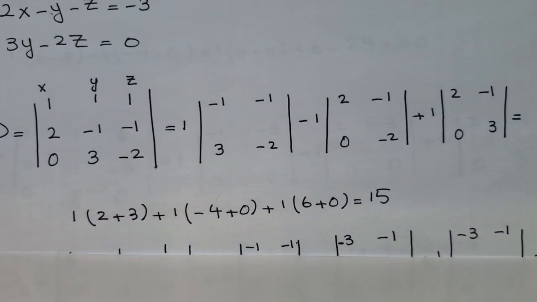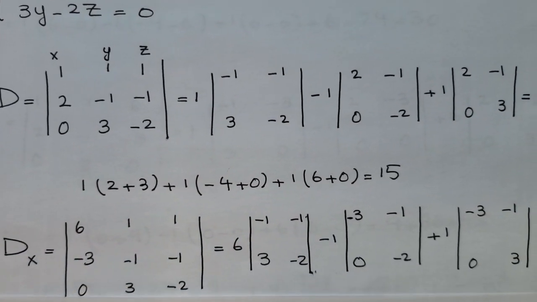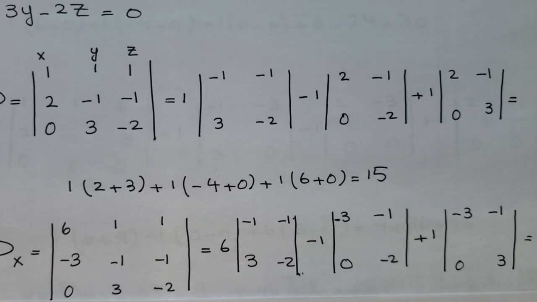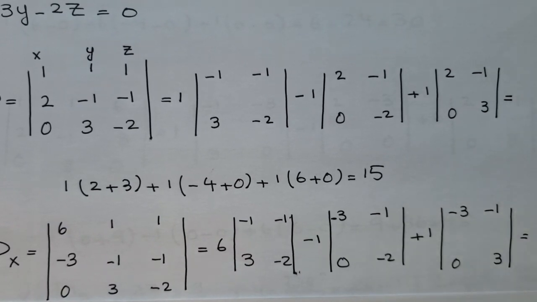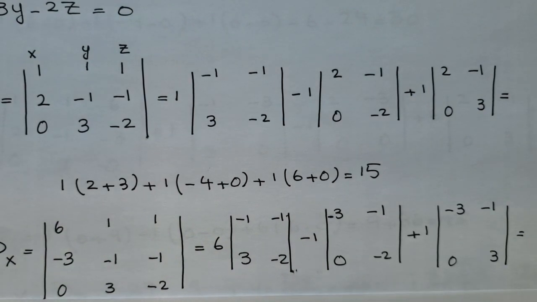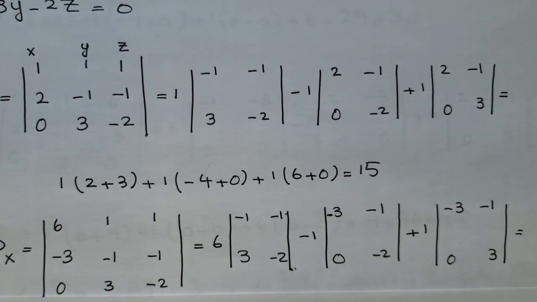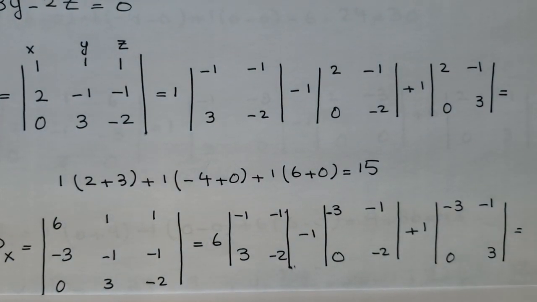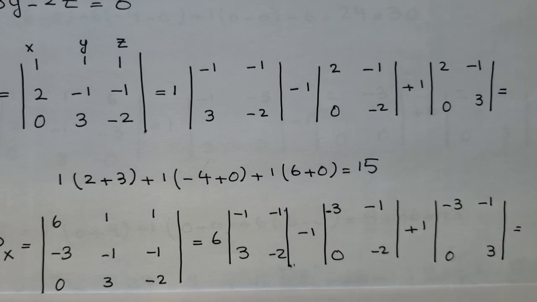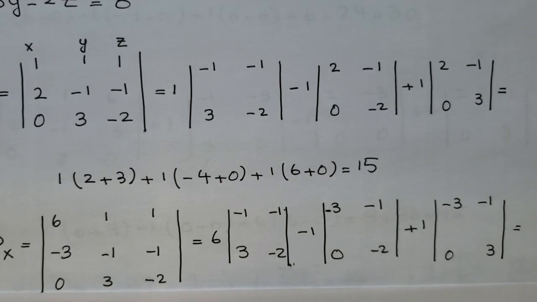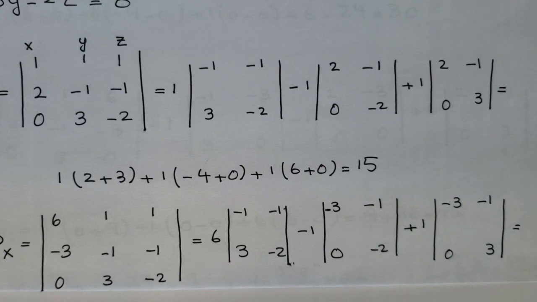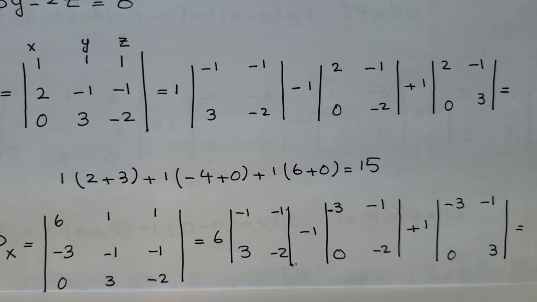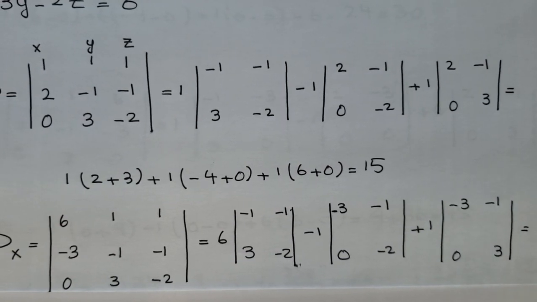Next step would be calculating the dx. This is one of the determinants that we have to use with the sub-index of a variable. So here we have the D, which is the coefficient matrix, and then we have three other determinants which each have got a sub-index of one of the variables, dx, dy, and dz.